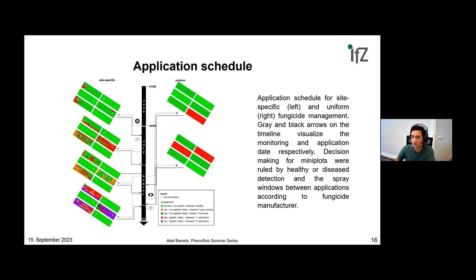The third factor is the next threshold. We establish just one threshold value for the following application. We didn't know how to apply the second, or where to apply the second application, in which threshold.